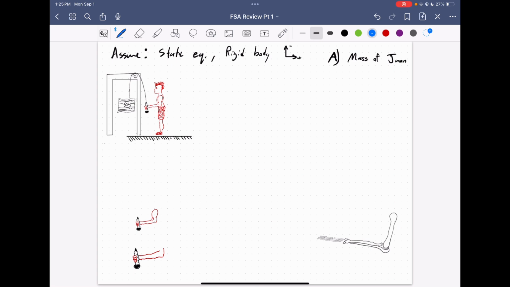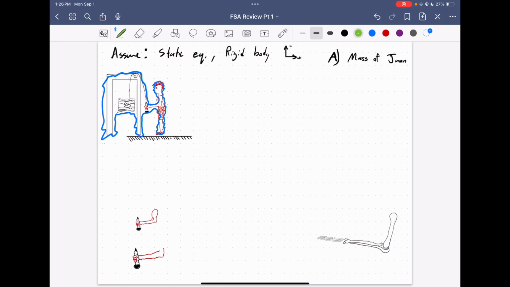So for example, he's lifting this weight. If I were to choose everything as the system, well, I would freeze everything but the ground. I would freeze Jimothy and this whole weight rack thing, right? So this is my system, this big block of ice that just so happens to be the shape of Jimothy and this system. And we know this system is in static equilibrium, and it's not moving.